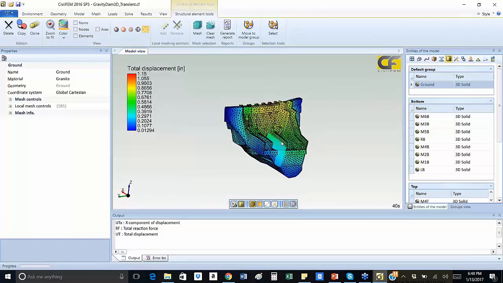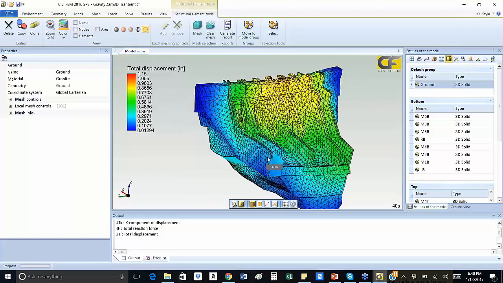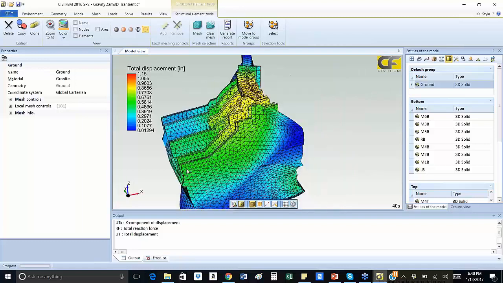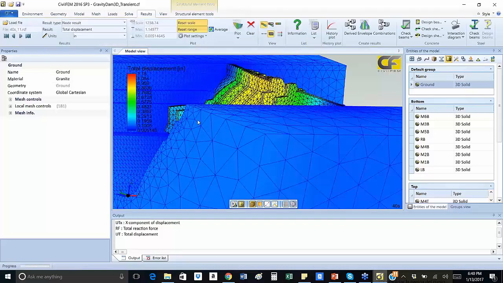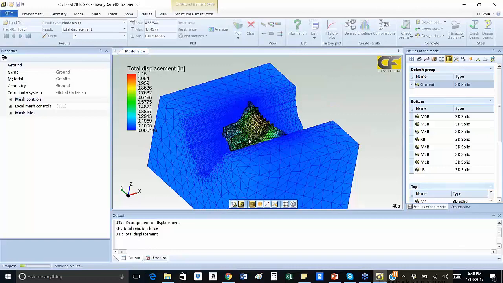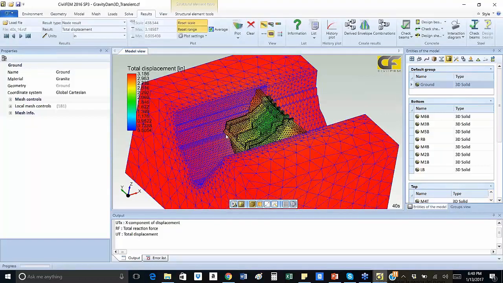Now we can see this enormous mass of concrete, how it deforms, best visualized by removing the surrounding soil. We continue incrementing the X displacement that we have imposed.